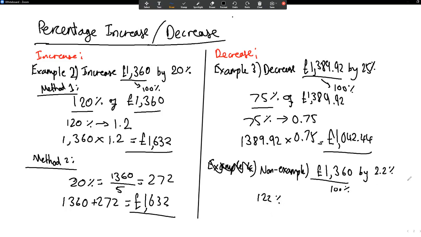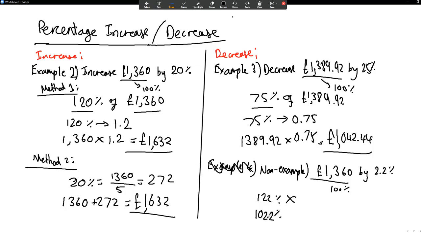But remember, it's 2.2%, so this would be wrong. It would actually be 102.2%, like that.